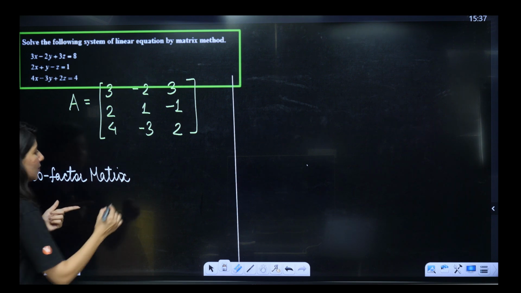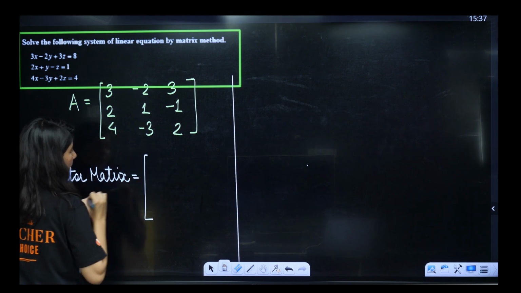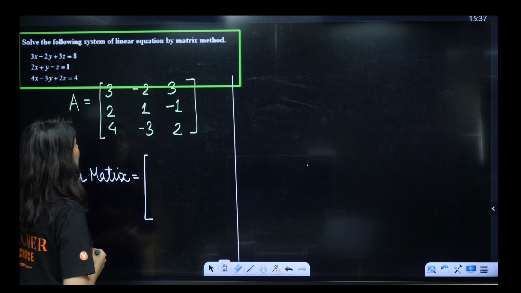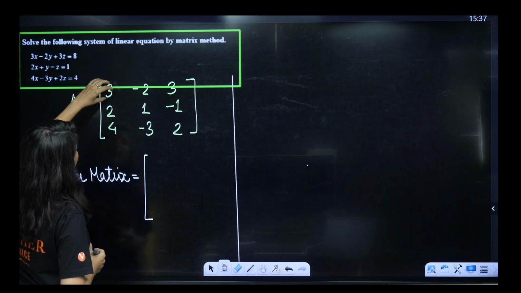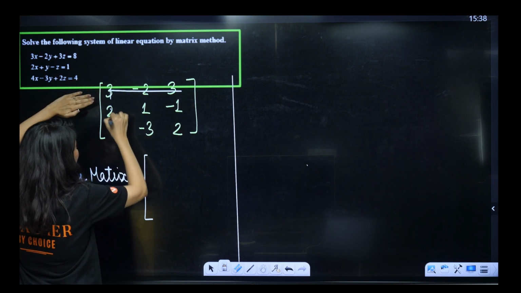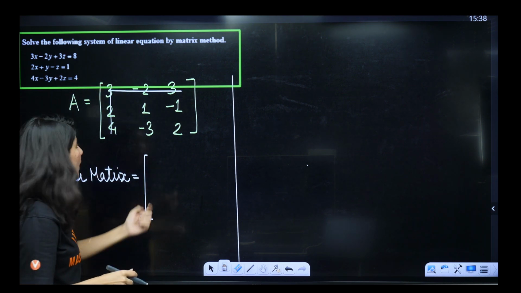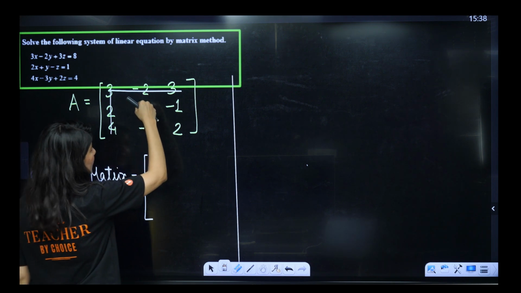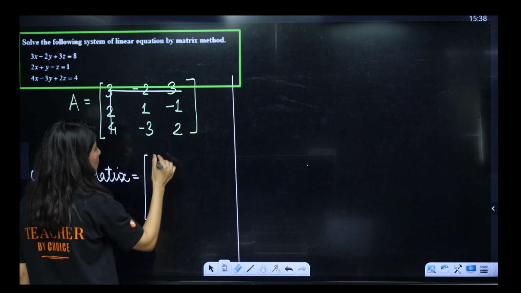So, cofactor matrix, how will you get? So easy peasy lemon squeezy. You have to understand that this is 3. So you have to hide this row and this column, and now calculate the determinant of the remaining portion, which is 2 minus 3. So minus 1.